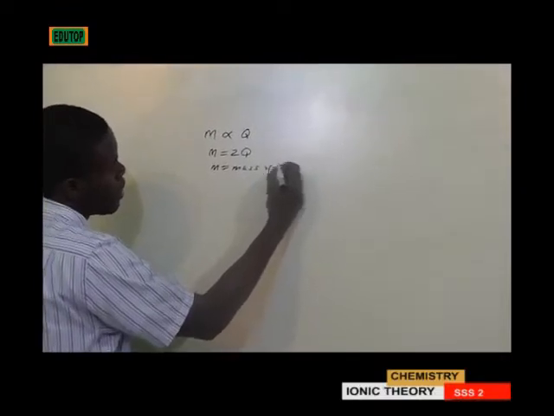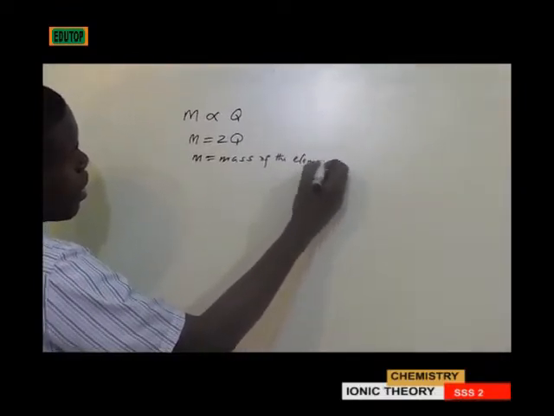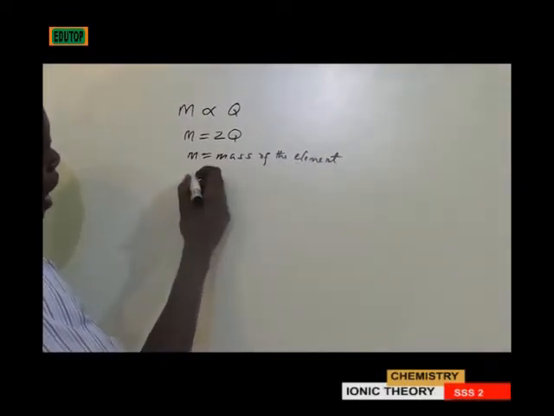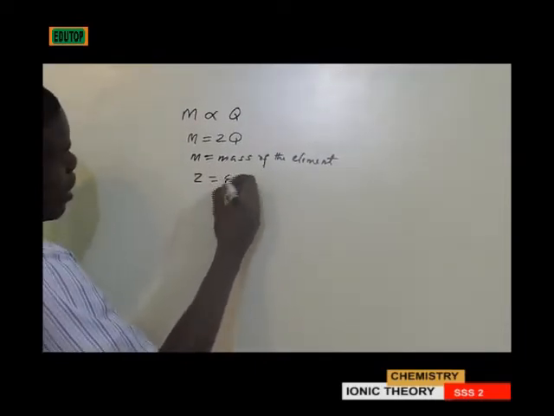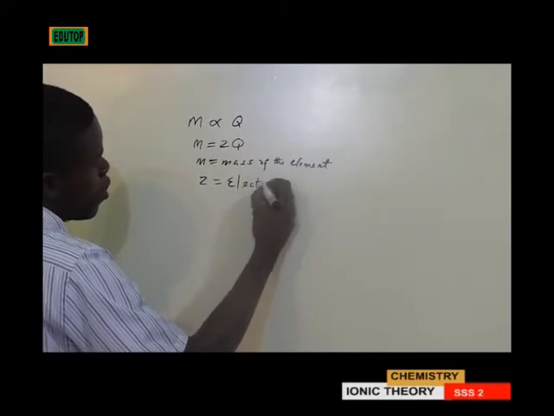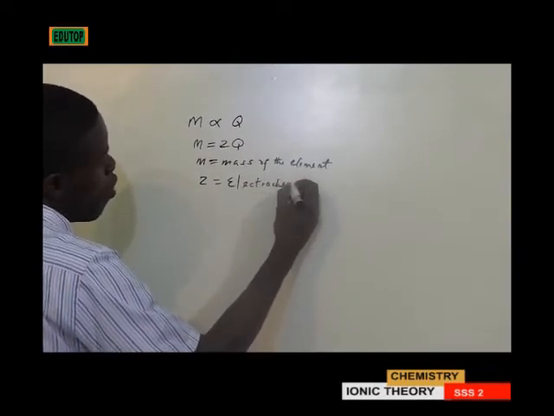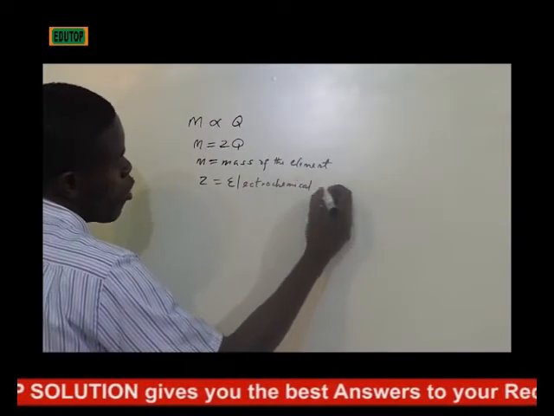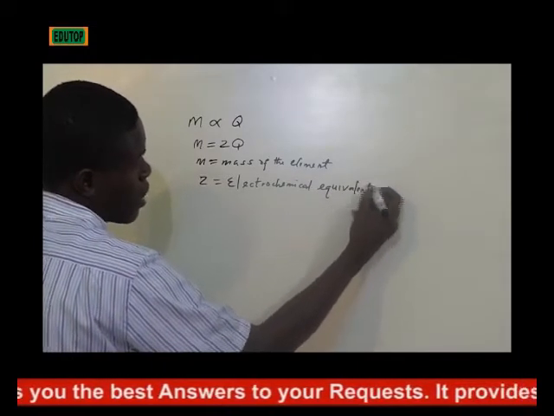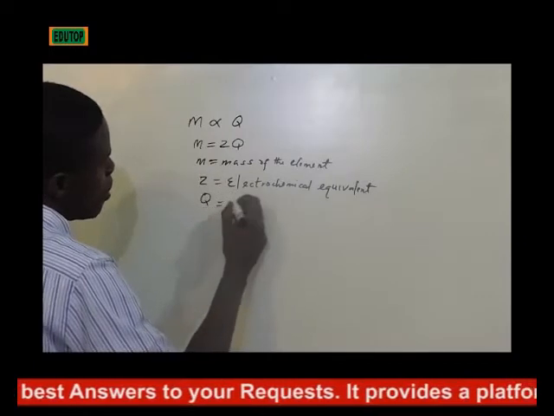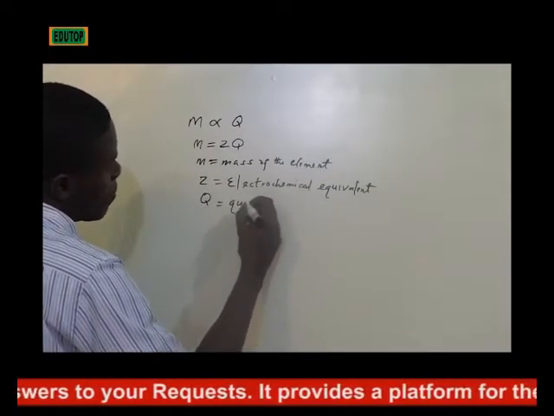of the element, while Z is the electrochemical equivalent, which is a constant, while Q is the quantity of electricity.